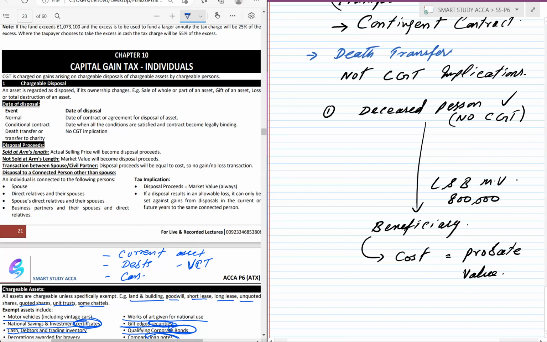So the market value of the asset at death date is 800,000 pounds. So for the beneficiary, cost will be 800,000 pounds. Whenever the beneficiary will dispose of this asset in the future, the beneficiary will use 800,000 pounds as the cost of this asset.